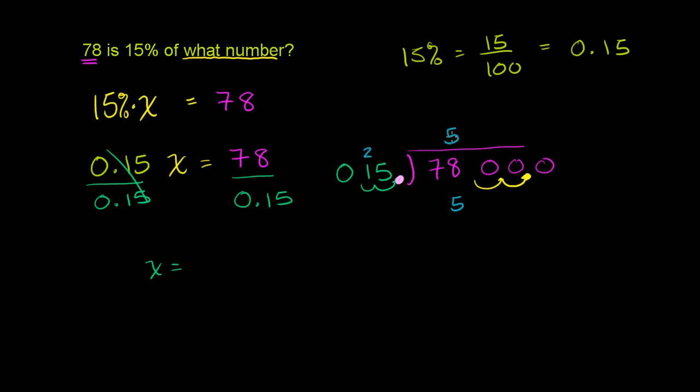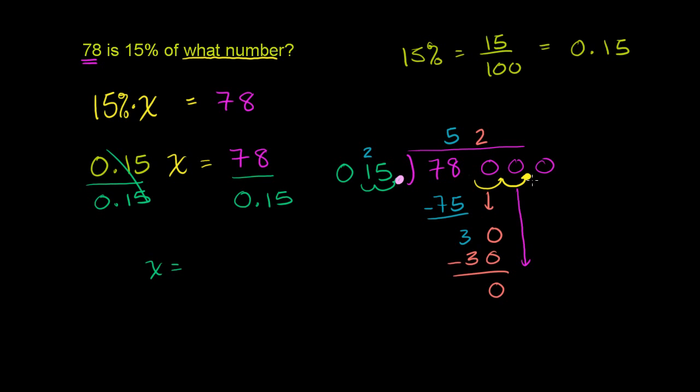Put the 2 up there. 5 times 1 is 5, plus 2 is 7. 75, you subtract. 78 minus 75 is 3. Bring down a 0. 15 goes into 30 exactly 2 times. 2 times 15 is 30. Subtract, no remainder. Bring down the next 0.